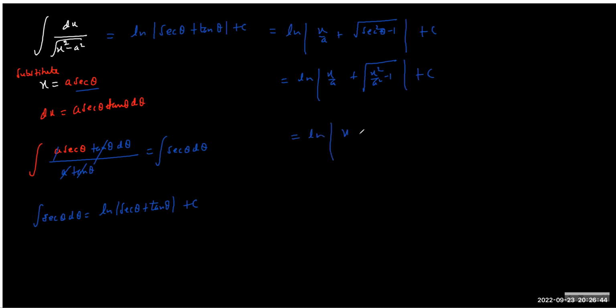So many steps, but that's okay. And because a is constant, we can eventually write it as ln of x plus under root of x square minus a square, because ln a by b is ln a minus ln b, and ln a becomes constant. So constant plus some constant is another constant. So for indefinite integral we can simply write some c.